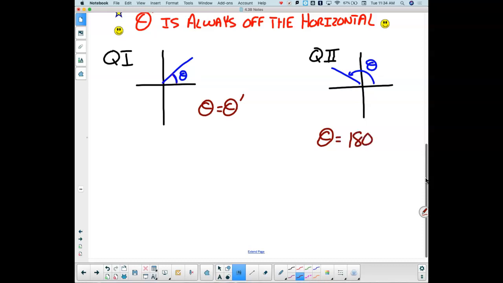My angle is equal to 180 degrees minus theta prime, or pi minus theta prime. Nope, because why? That would come off the vertical then. Oh, yeah. Theta prime is here. Oh, okay.